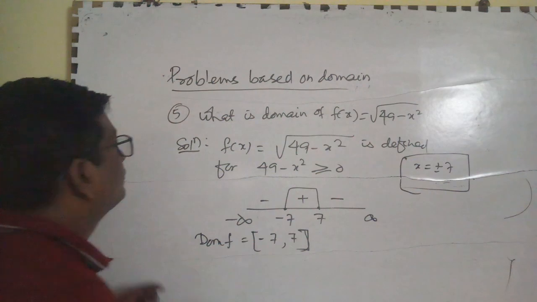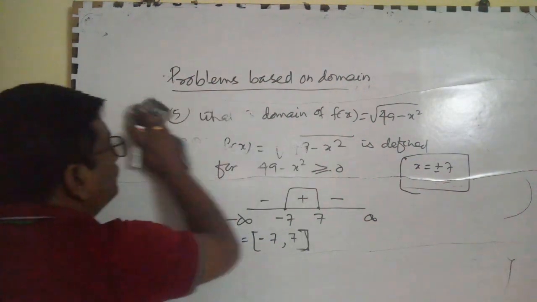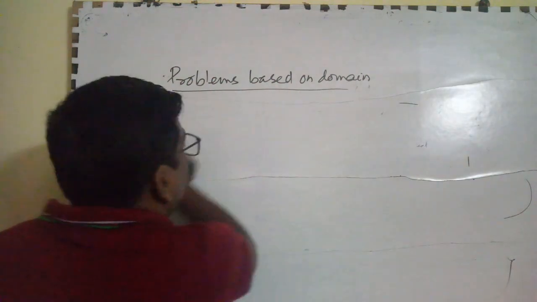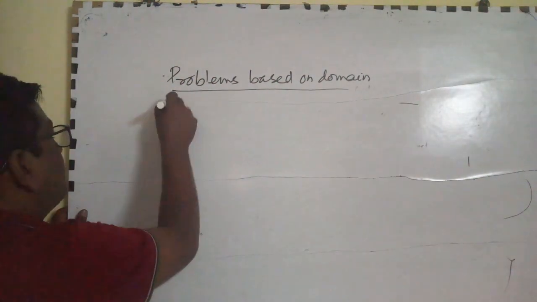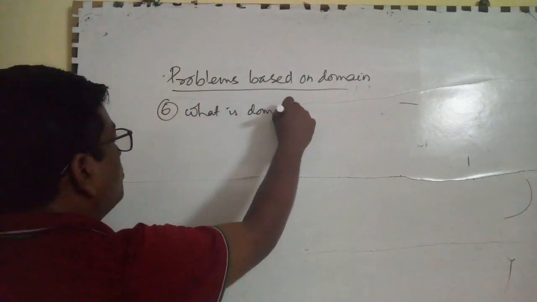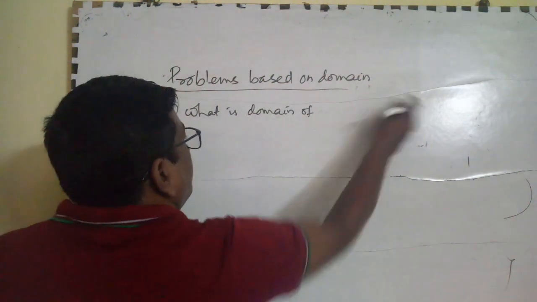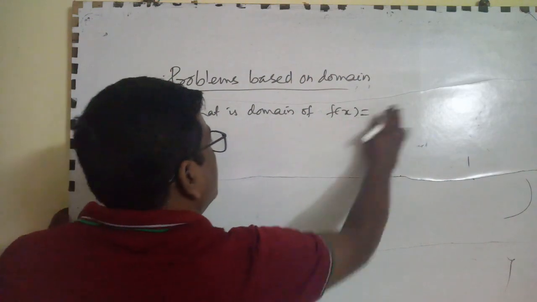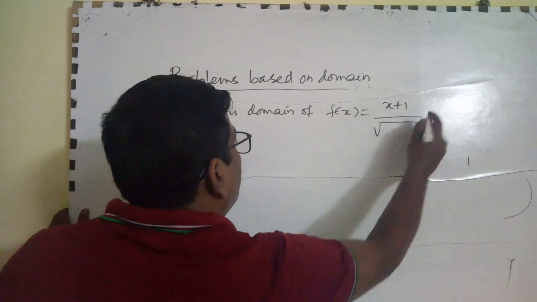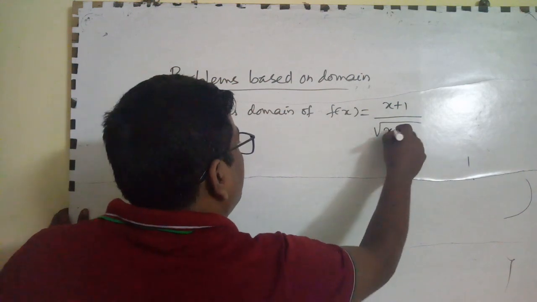Question number 6. What is the domain of f of x is equal to x plus 1 divided by root over x minus 2?